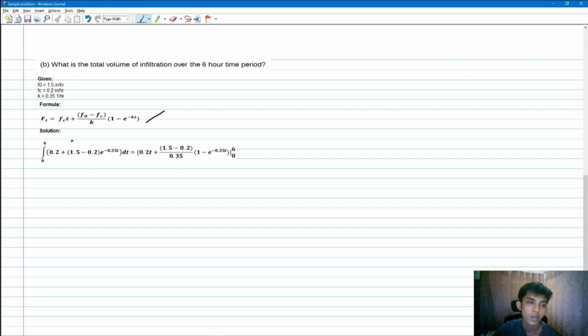So we have here, with the upper limit 6 and lower limit 0, the integral of 0.2 plus (1.5 minus 0.2) multiplied by e raised to negative 0.35t dt, which is equal to 0.2t plus (1.5 minus 0.2) over 0.35 multiplied by (1 minus e raised to negative 0.35t), when we substitute the values given into the formula.